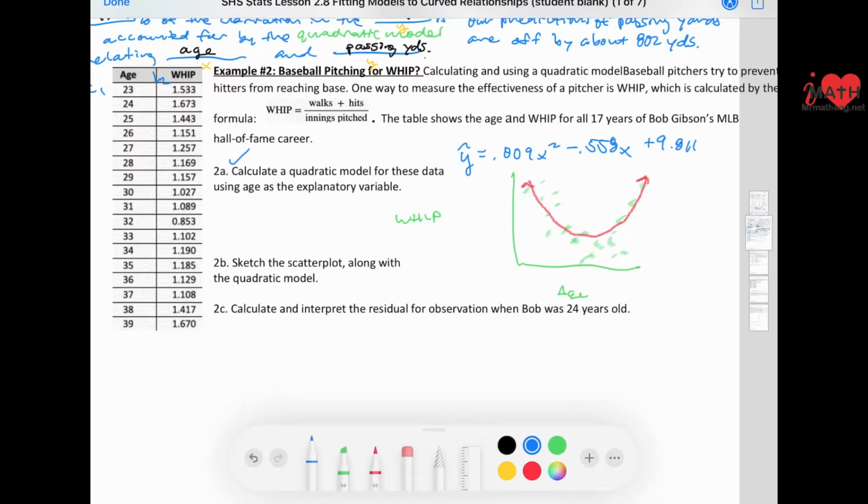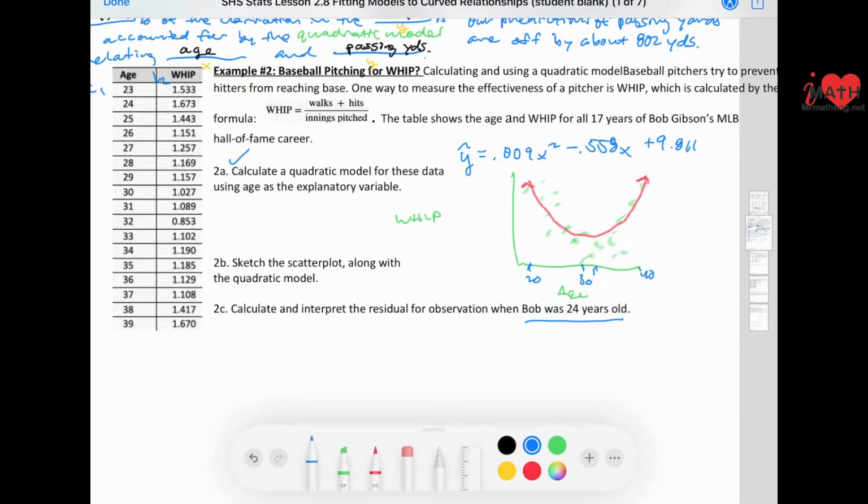Calculate and interpret the residual for the observation when Bob was 24. So this was 40, this was around 30, 20. And then 30.